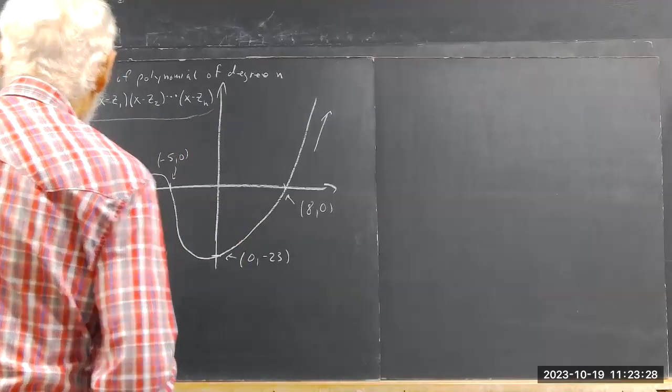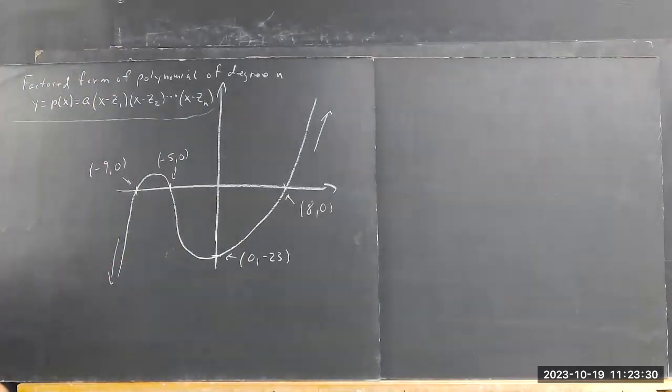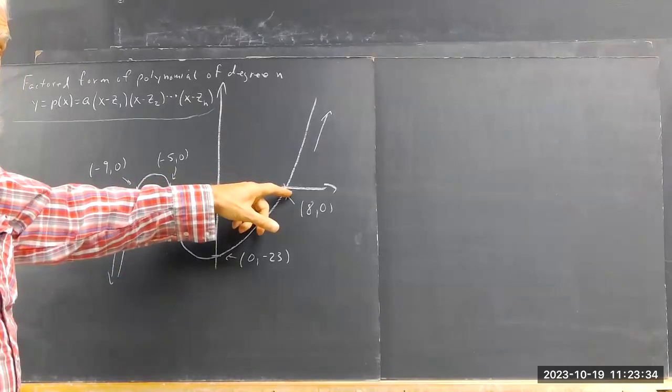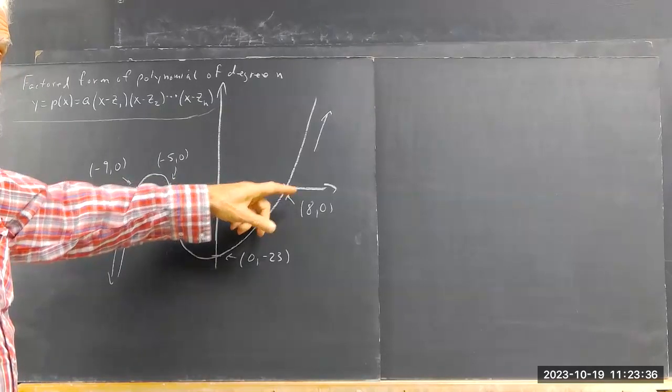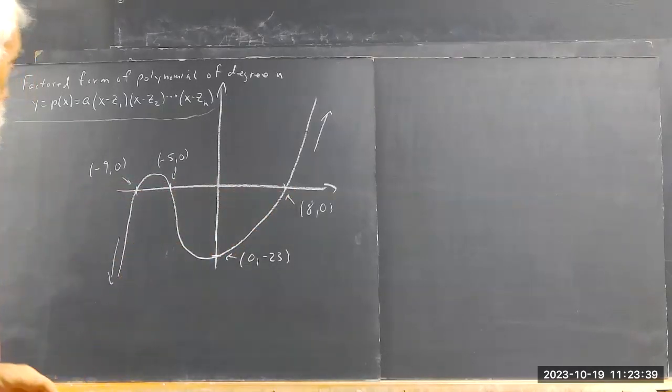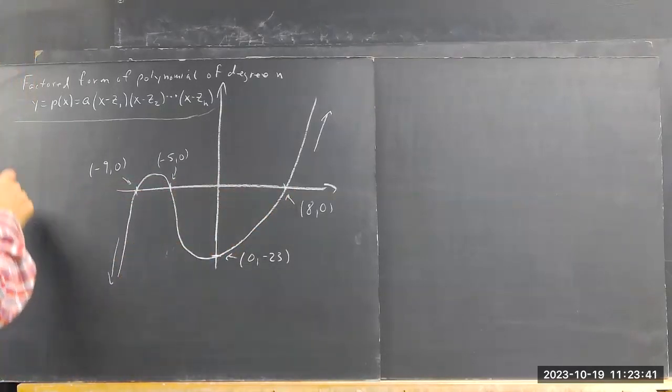But the idea is fairly simple. In this case, you only have 3 zeros, and they're all linear. So we have 3 linear zeros.